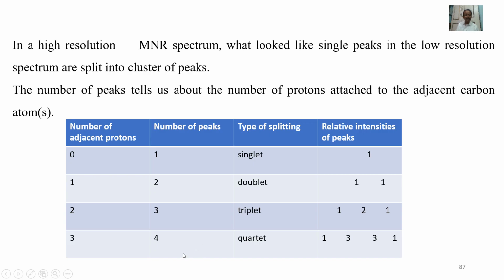If the number of adjacent protons is 3, then we have 4 peaks, the type of splitting is known as a quartet, and the relative intensity of the peaks is 1:3:3:1.